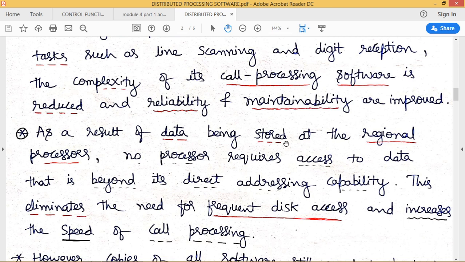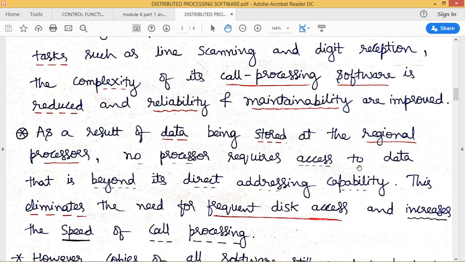Since each and every regional processor has its own memory locations, they store data inside their memory locations, and these regional processors don't expect to access another memory, or the central memory which was available with the central processor. So these processors need not go for another memory for accessing data, they store their data inside their own local memory.